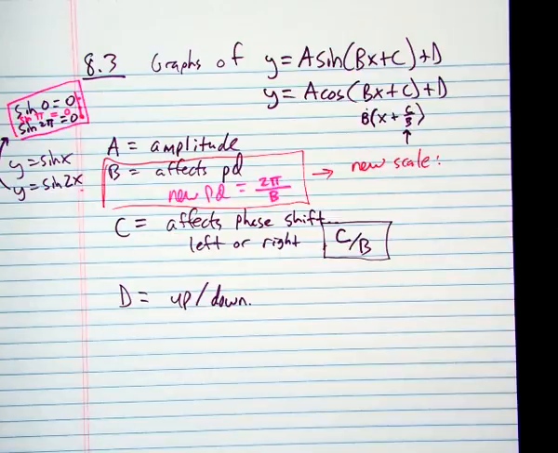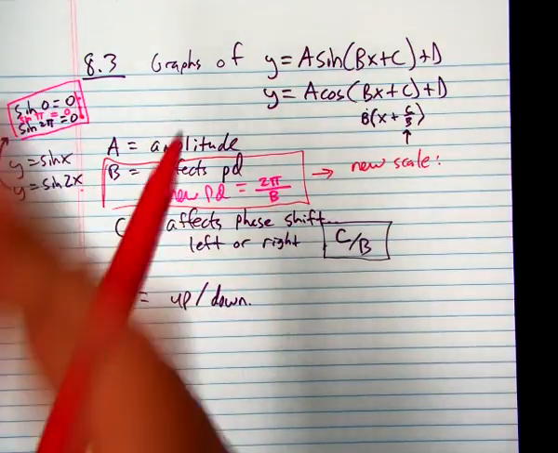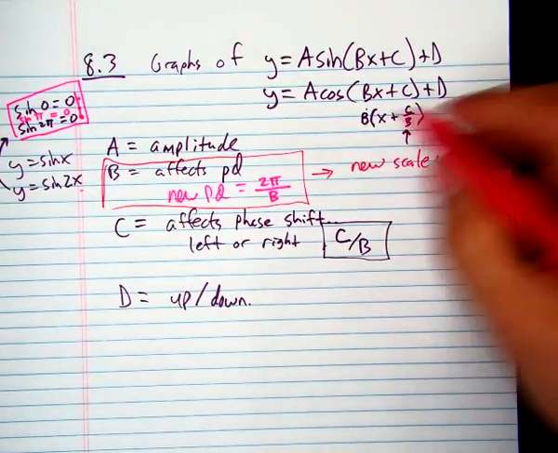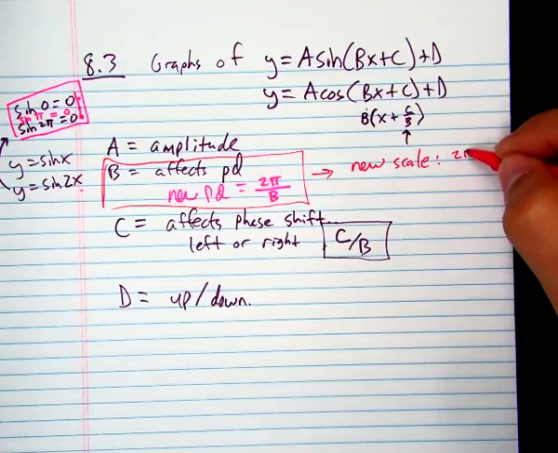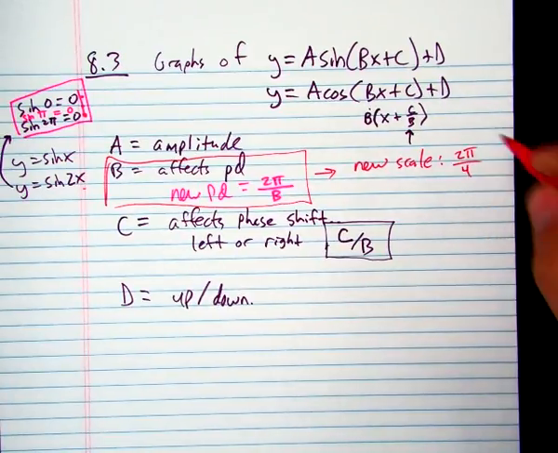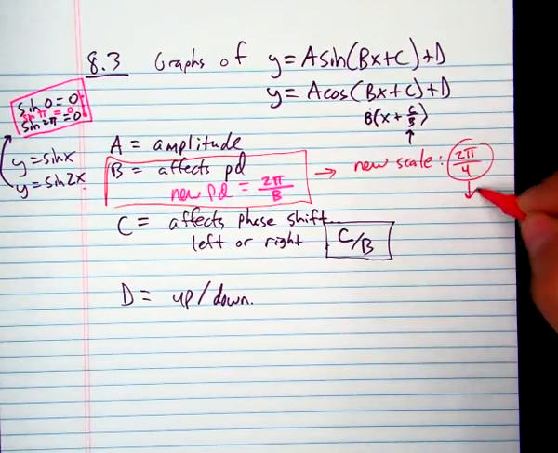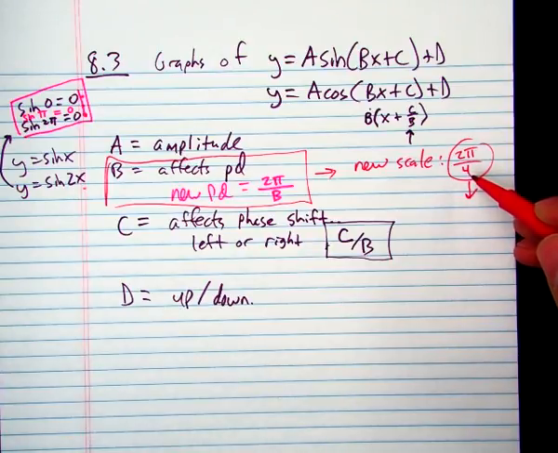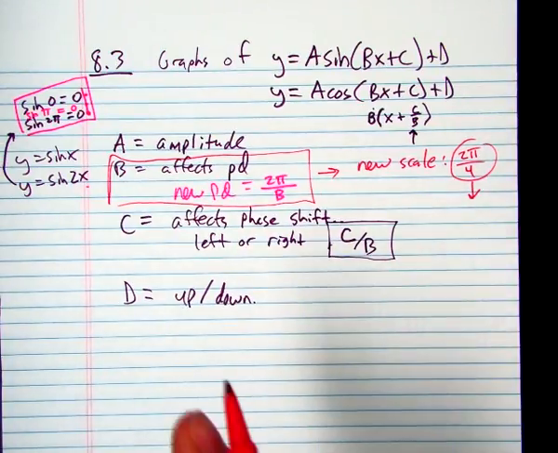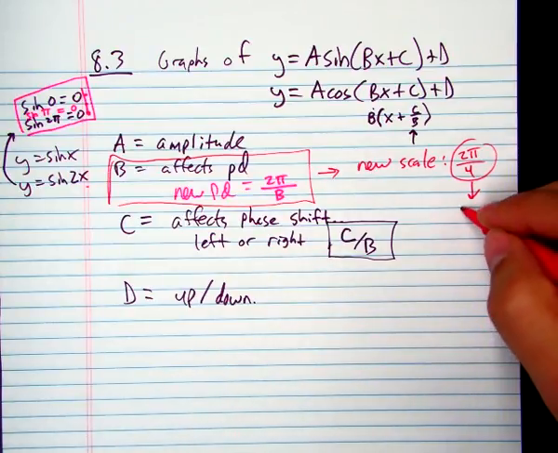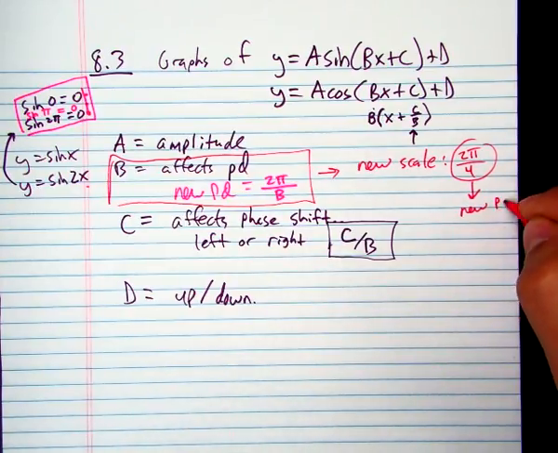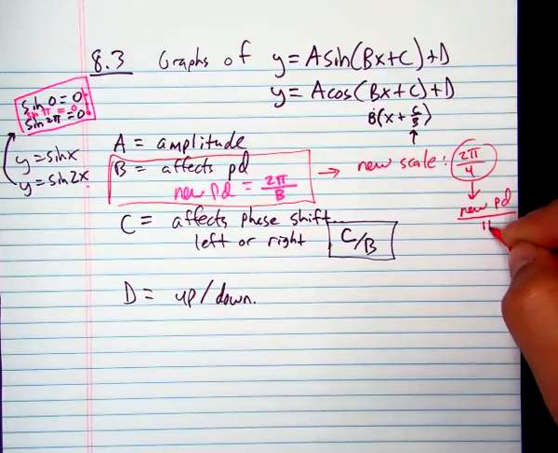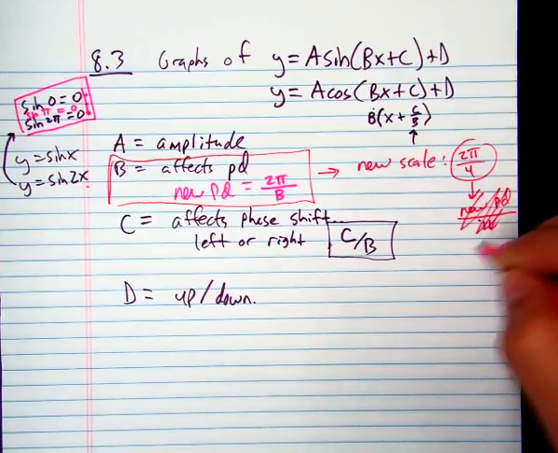Because we counted by pi over 2s for all our important points. We have to figure that out for each graph. So if I take 2 pi and divide it by 4, that's where our pi over 2 came from yesterday, right? Remember how we cut it into 4 sections? Okay? Our new scale is going to be whatever our new period is divided by 4. Oh, shoot, let me rewrite that.